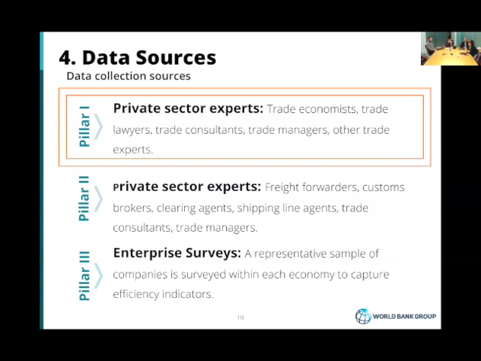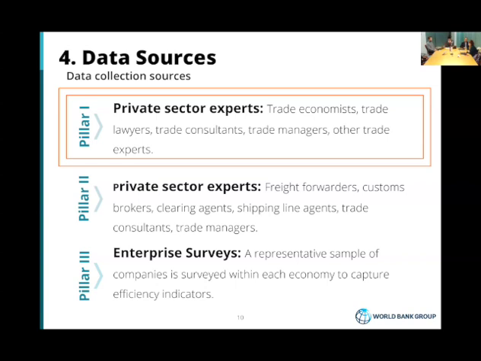for Pillar 3 is collected entirely through our sister unit, the Enterprise Analysis Unit. Questions for Pillar 3 are collected through firm-level surveys. These surveys provide representative data on time and the cost to comply when directly importing or exporting goods, participating in cross-border trade, and firms' perception on major obstacles.